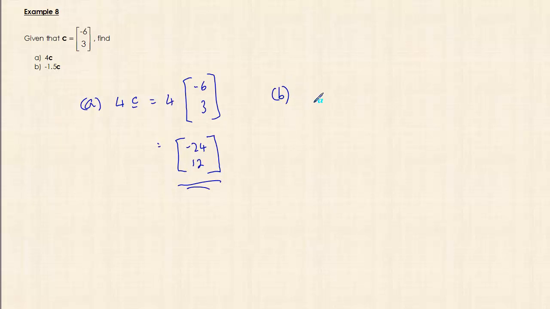Then in part B, we want negative 1.5c. So that's negative 1.5 multiplied by (-6, 3). Negative 1.5 times negative 6 gives me positive 9, and then this would be negative 4.5.